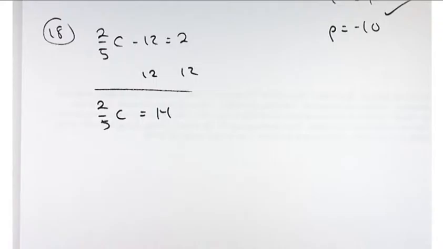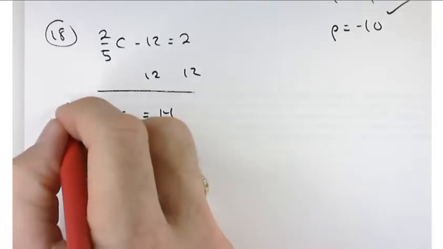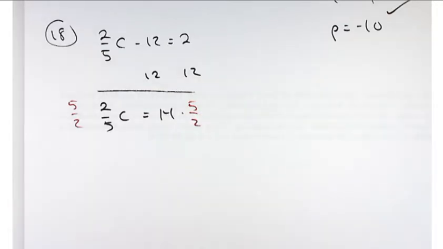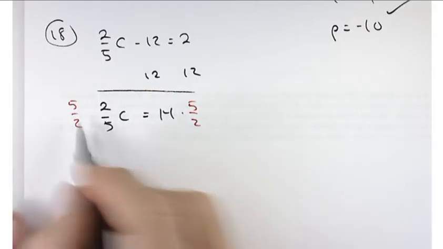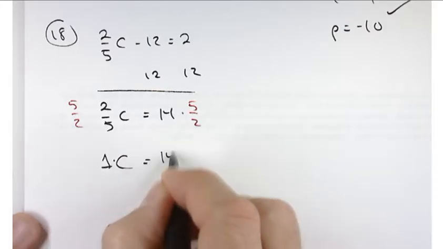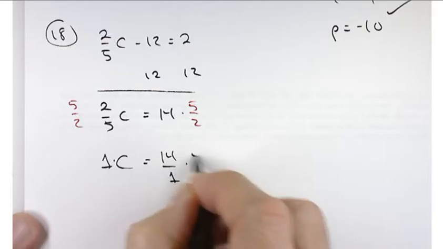What's the reciprocal of 2/5? 5/2. So if I multiply both sides by 5/2, do I have to really think much on the left-hand side? No. That's all going to cancel out and leave me with a 1 times C. Now on the right-hand side, let me write that as 14 over 1 times 5 over 2.